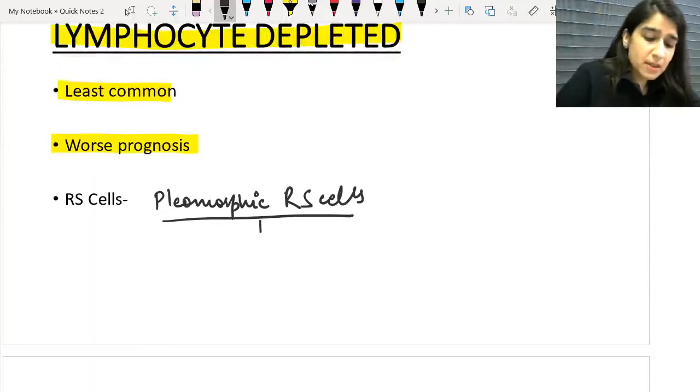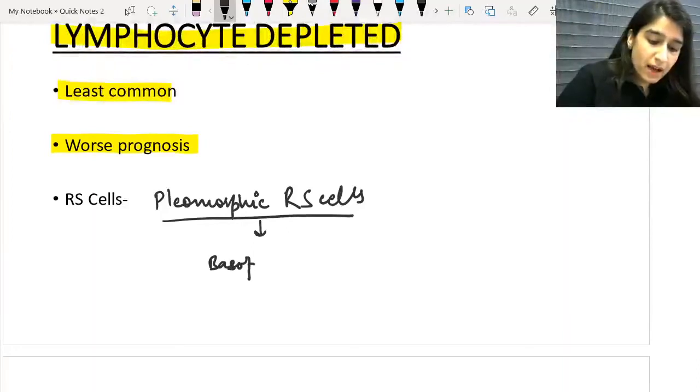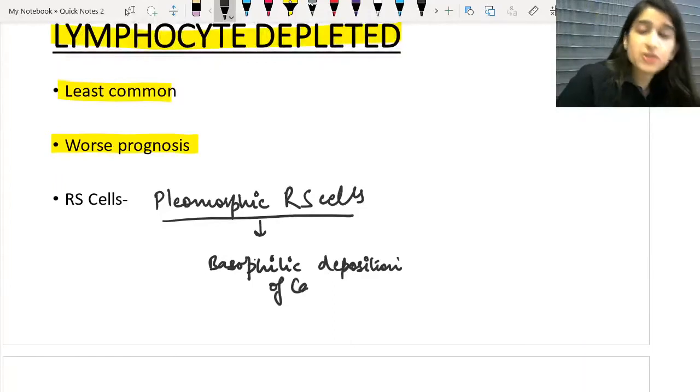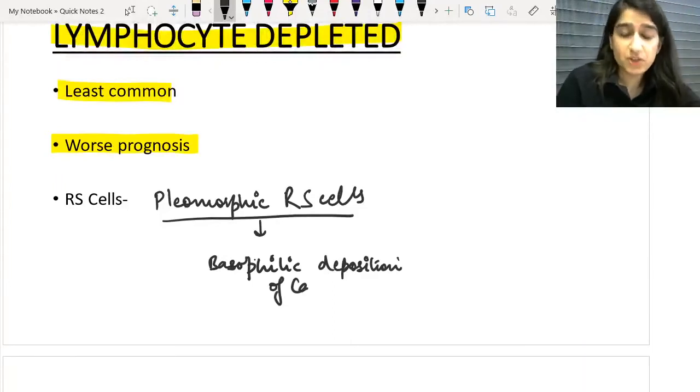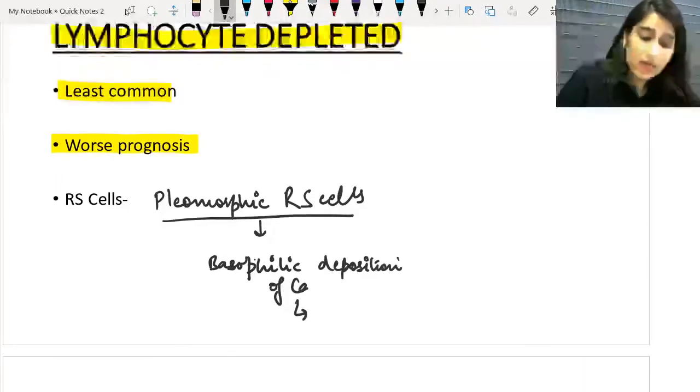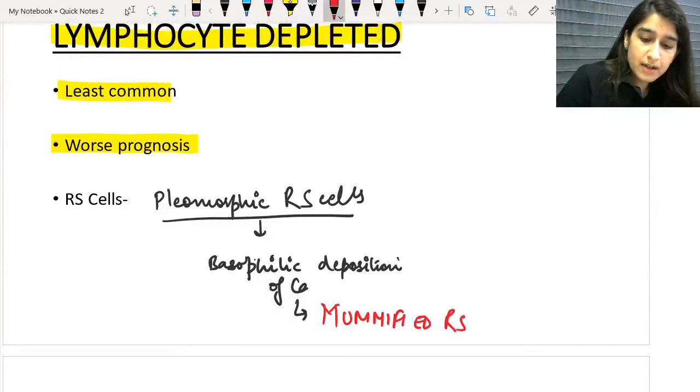But sometimes they may have basophilic deposition of calcium, then they will be called mummified RS cells.